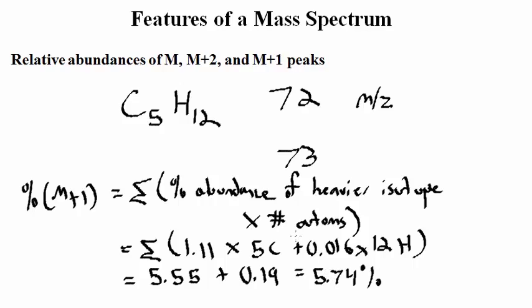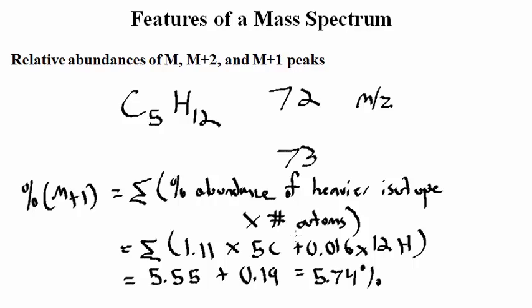This value is the relative percent abundance of the M+1 peak with respect to the M peak. So you can see here that the M+1 peak for pentane is almost entirely from carbon-13, and the same is true for other compounds containing only carbon and hydrogen.